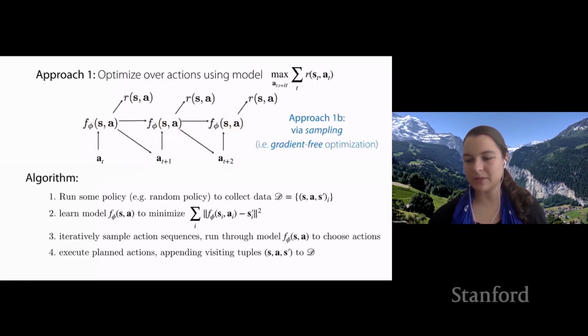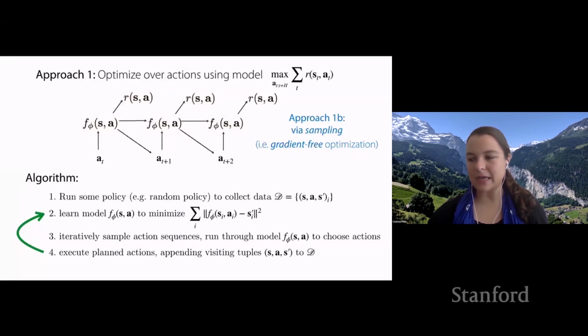So we can basically just add a fourth step to this algorithm where we actually execute the planned actions and then append the visited data to our data set, and then retrain our model using all of the data that we've seen so far. Okay, so this is kind of the full version 1 of the algorithm.